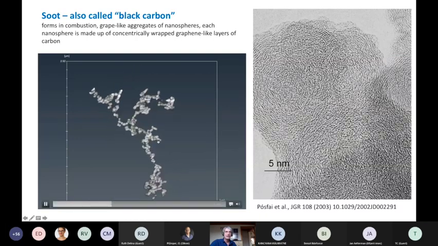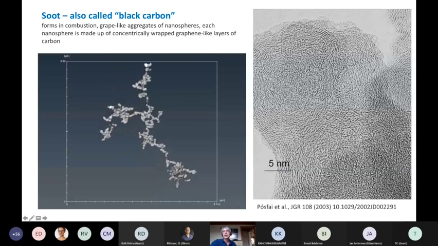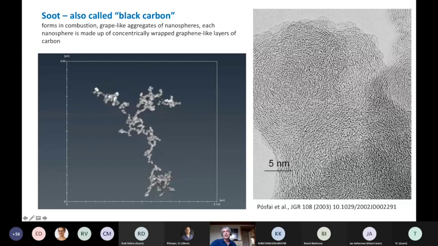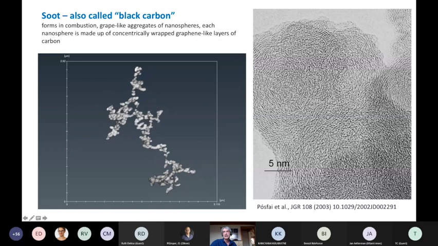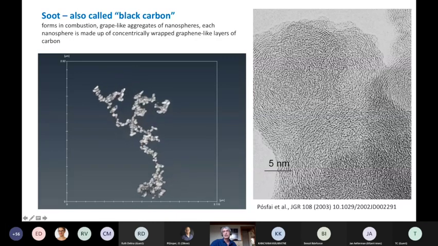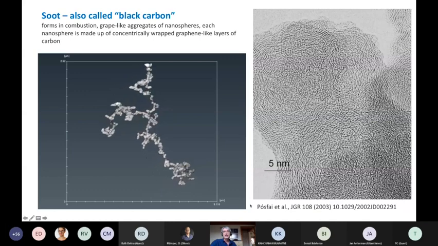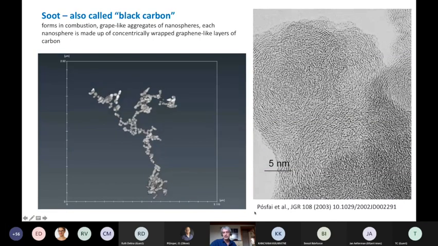So it has these little spheres. They form these grape-like aggregates. But if you look at high resolution, you see these little layers. And these are all graphene-like layers wrapped around one another like in an onion. So that's typical for soot. It has this interesting nanostructure. And of course, this is one of the main components of any fire, and that's black stuff.